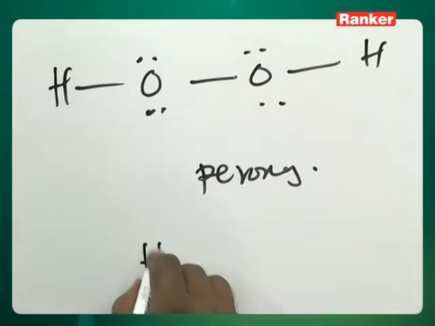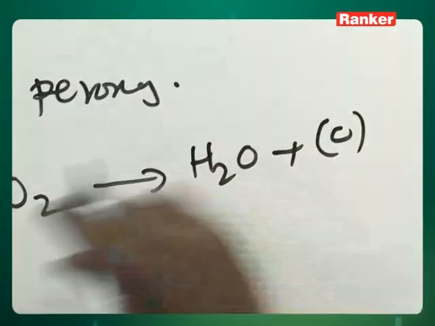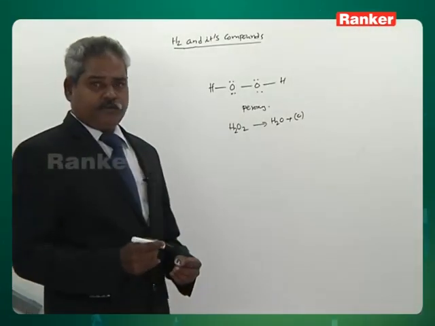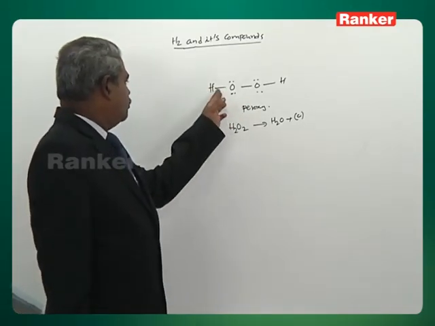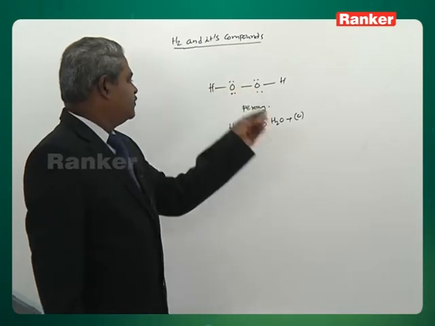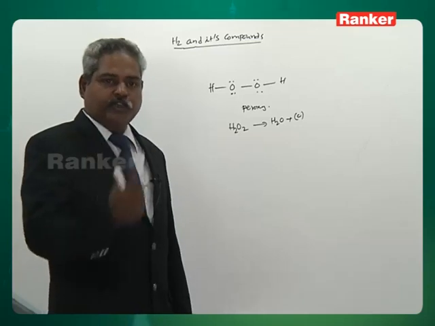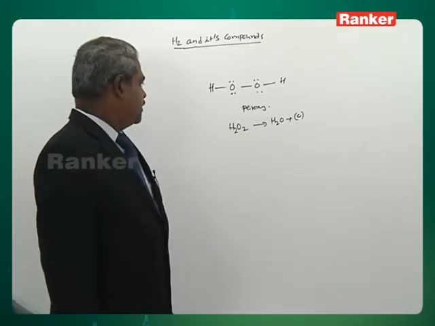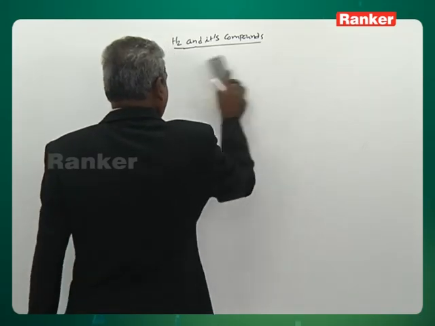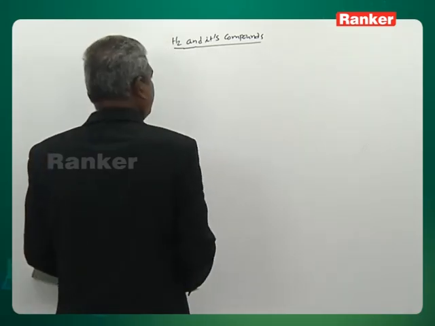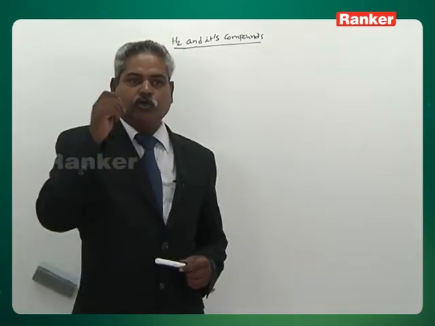So H2O2 decomposes to give H2O and O, loses oxygen very easily. Whereas the OH bond is the second strongest bond. OH bond is very strong, OO bond is very weak. Therefore, H2O2 in all its reactions wants to become H2O by losing oxygen. So all substances that contain that peroxy bond lose oxygen very easily.